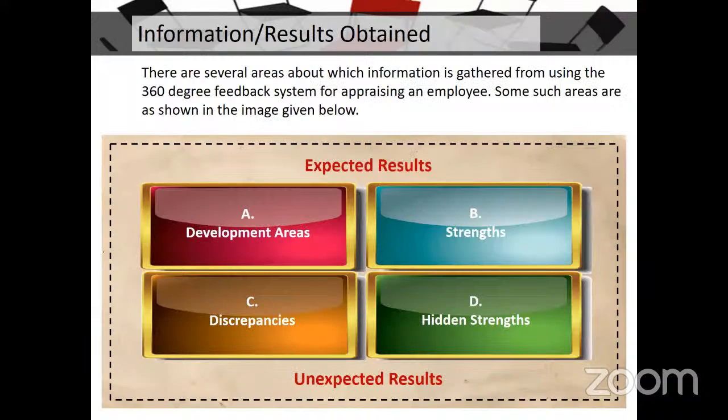Then there's something I want us to have a look at, and this is the information and the results that we obtain. There are several areas about which information is gathered while you're using this system for appraising our employees. Some of such areas are shown in this image. The things that you want to pick are the development areas, what is not clear, the strengths and the hidden strengths.